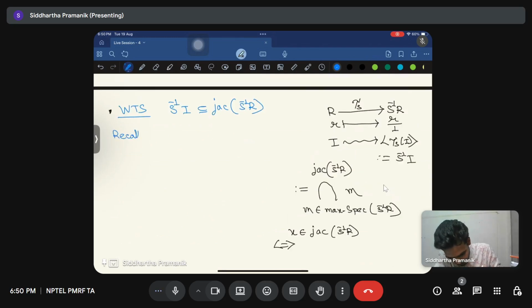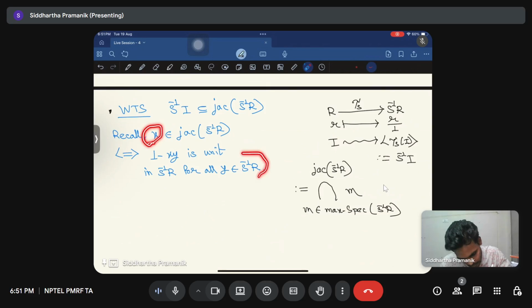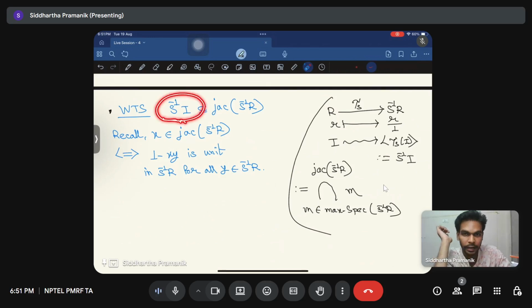So recall: x belongs to the Jacobson radical of S inverse R if and only if 1 minus xy is a unit in S inverse R for all y belonging to S inverse R. So an element x of the ring S inverse R is in the Jacobson radical if and only if 1 minus xy is a unit for every y of the ring S inverse R. So we will use this equivalent condition to prove that this extended ideal is in the Jacobson radical.